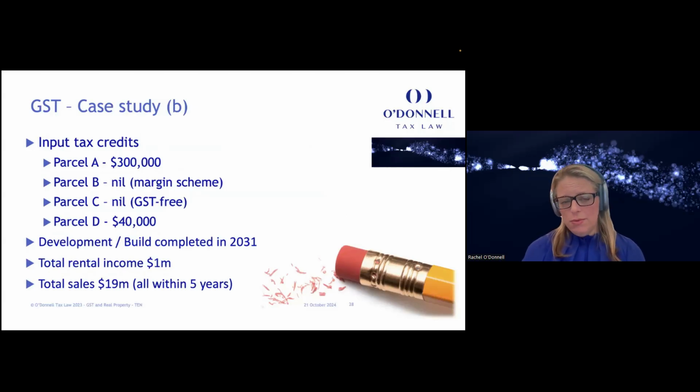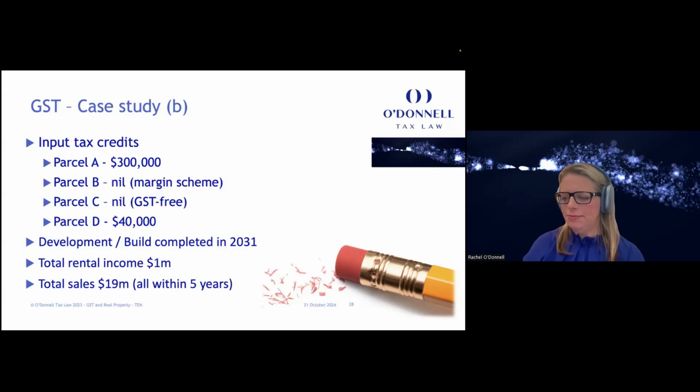So the development or the build is eventually completed in 2031. And at that time, they can't sell all of the property straight away. So the developer actually rents some of the property out and at this time anticipates having total rental income of $1 million and total sales of $19 million for some of these properties, all within 5 years.